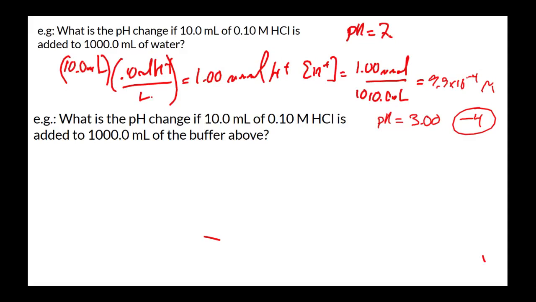The next question asks, what is the pH change if 10 milliliters of 0.10 molar HCl, so that's the same amount of acid, is added to 1,000 milliliters of not water, but the buffer that we created before?